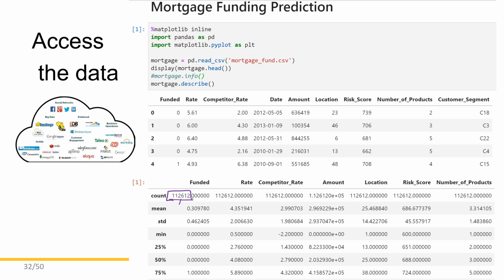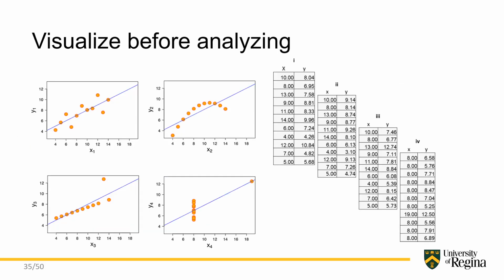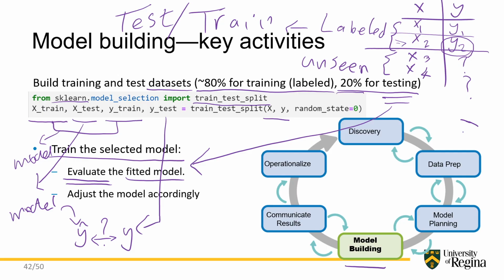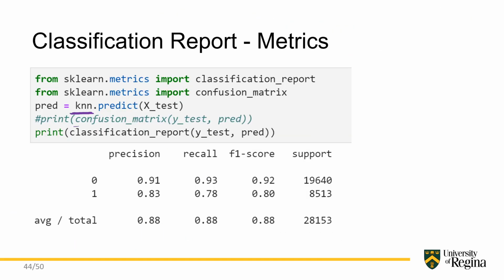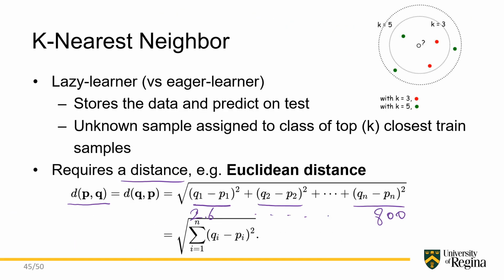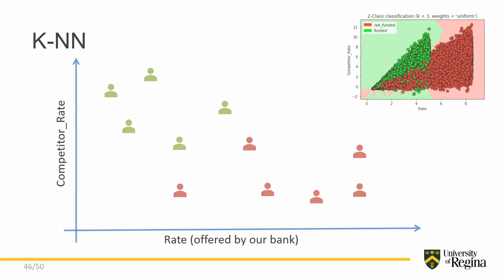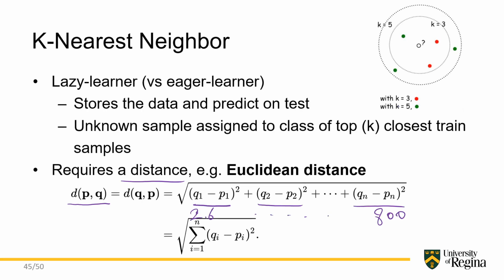So KNN will compare a new sample, if this is the whole database and it has access to it, at least with the training data. So it compares with that 80%, which is the training data, and finds out the 3 or 5, depending on the K that I provide, the 3 samples that are very close to my case.